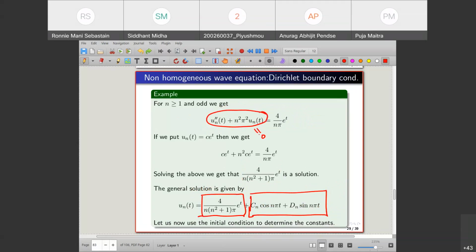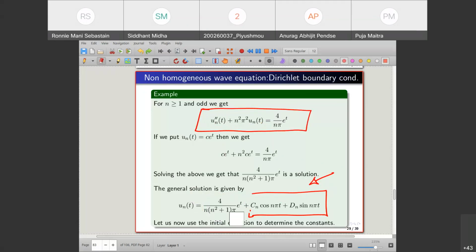So every solution of this differential equation is of this form.